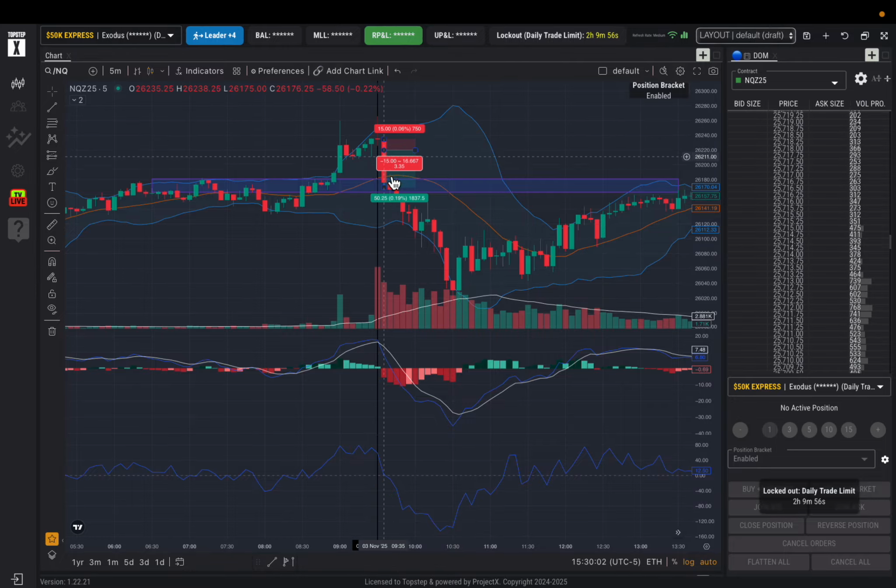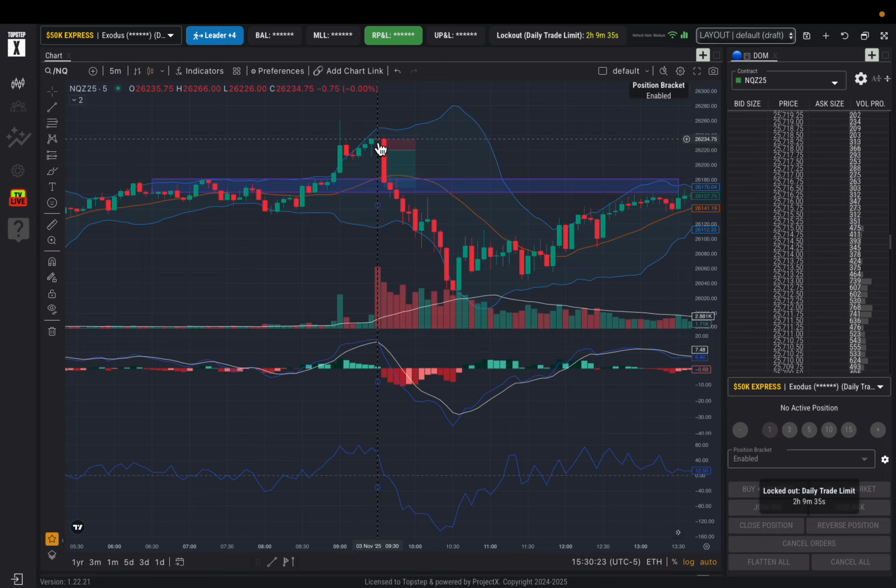Like I told you here, this was the manipulation, right? A lot of people could have entered long right here and would have got stopped out. So always think of what is the worst position to enter, either long or short, on this first candle when it ends.